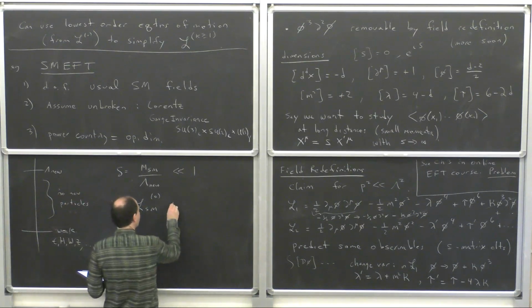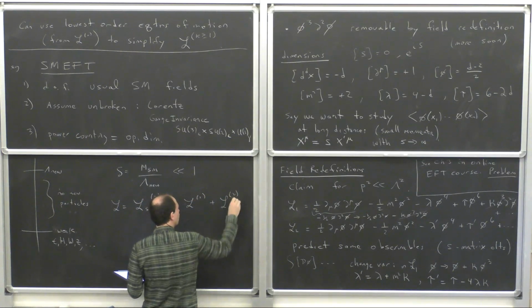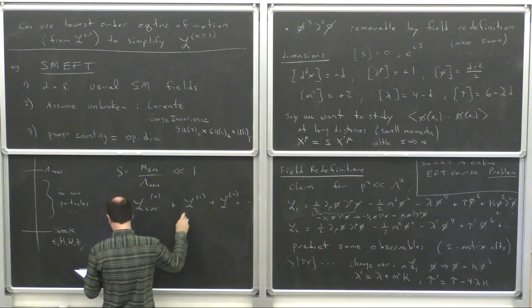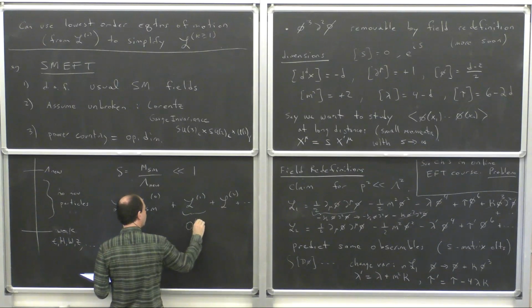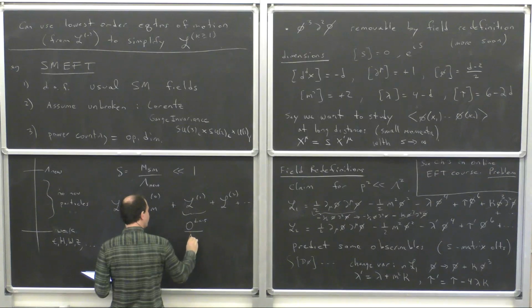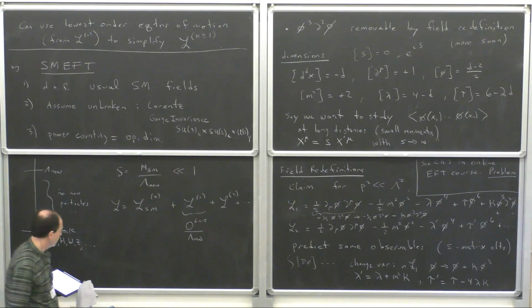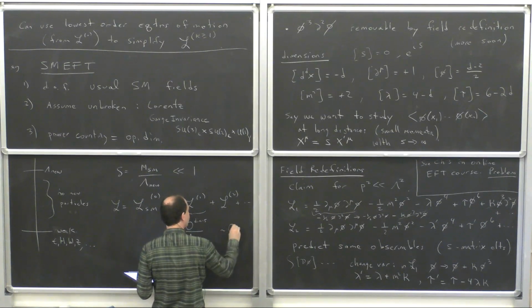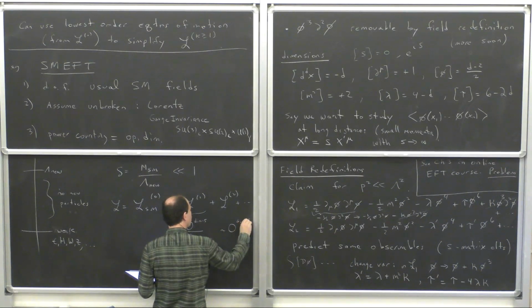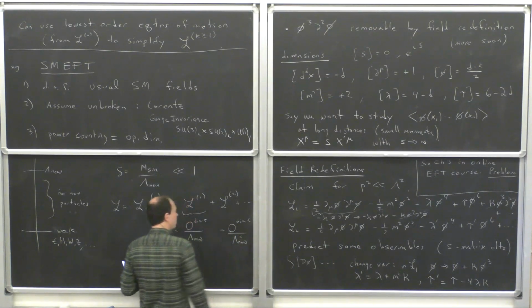And then we would have higher order terms, L1, L2, etc. L1 is going to be some operators that are dimension 5 divided by lambda nu. Maybe lambda nu is in the coefficients, but I'll just write it like this schematically. And this term here is going to be operators that are dimension 6 divided by lambda nu squared.